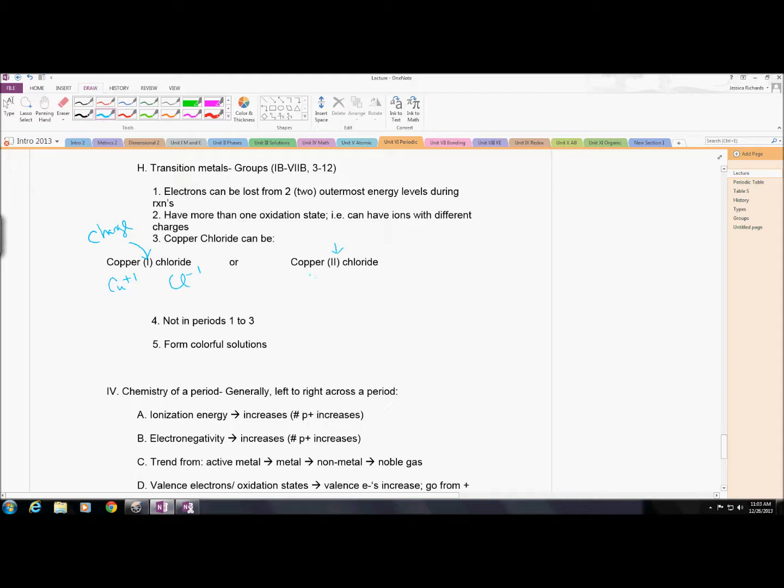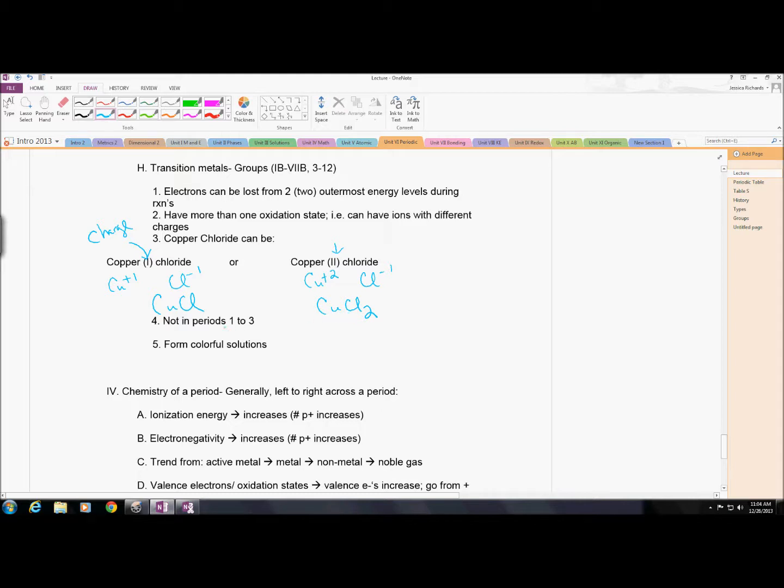This Roman numeral says I have copper +2, and I'm going to put that together with chlorine -1. We're making compounds so that the total is 0. So copper(I) chloride is CuCl, and copper(II) chloride is CuCl2. Notice that it's not 2 coppers that I have. I only have 1 copper. It's 2 chlorines to get my total charge to be 0.